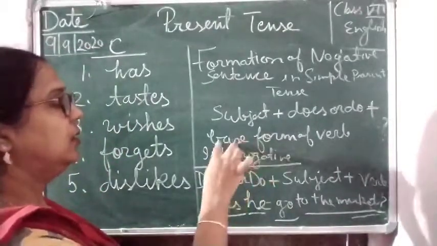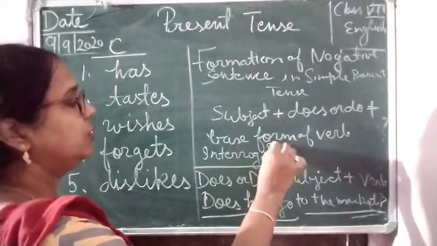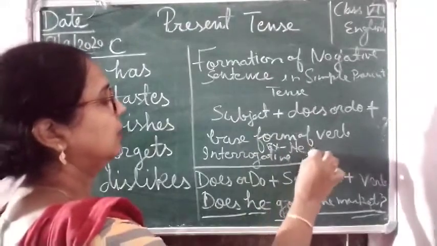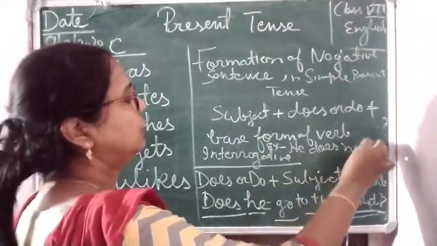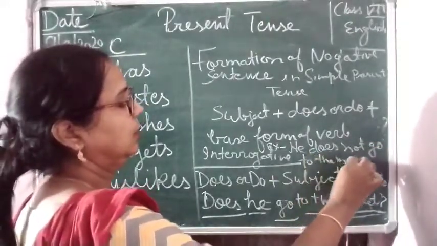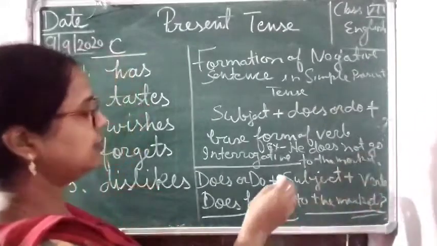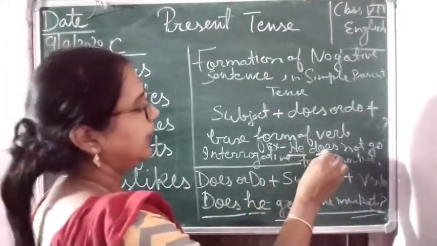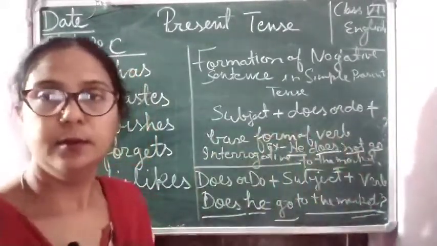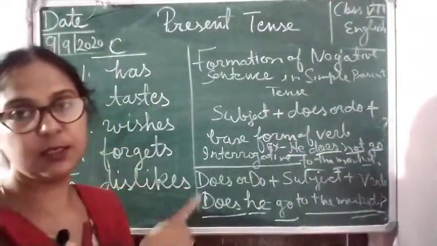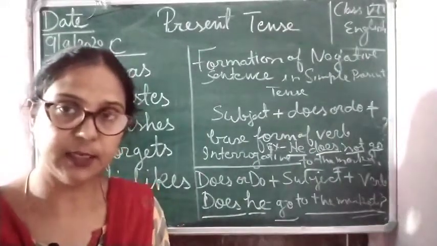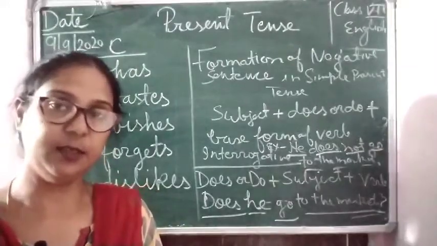Now if I am going to give an example, that subject, he does not go to the market. Now here you can see, he is a subject, then does, then not, then verb, then the other words of sentence. So this is the formation of interrogative and negative sentences in simple present tense.